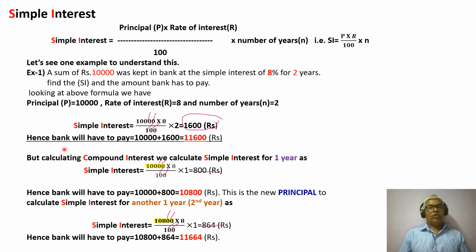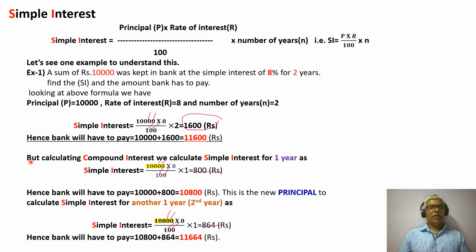So this is the simple interest. Now the bank will pay principal amount plus simple interest. The bank will have to pay 10,000 plus 1600, 11600 rupees. Don't forget to write this unit.